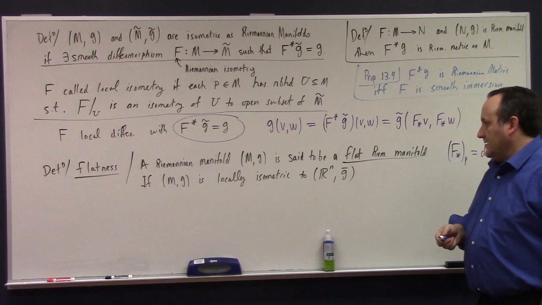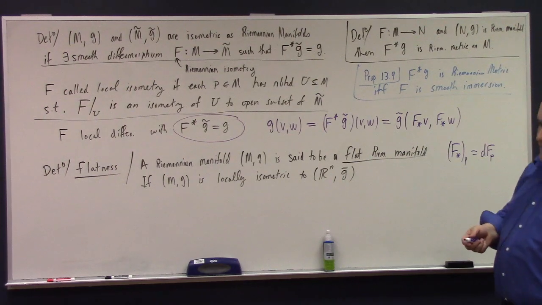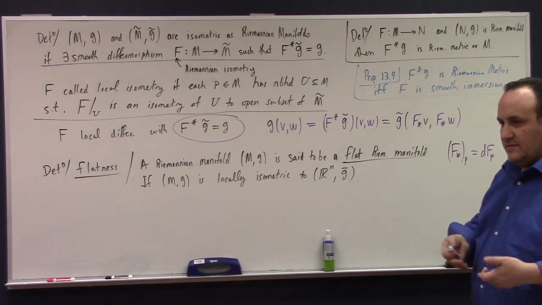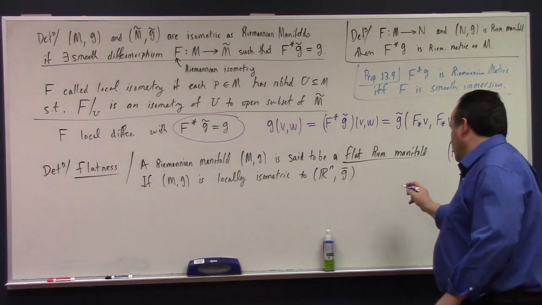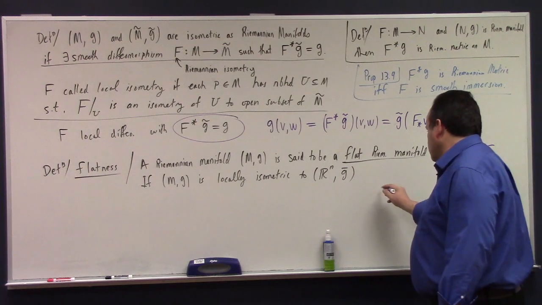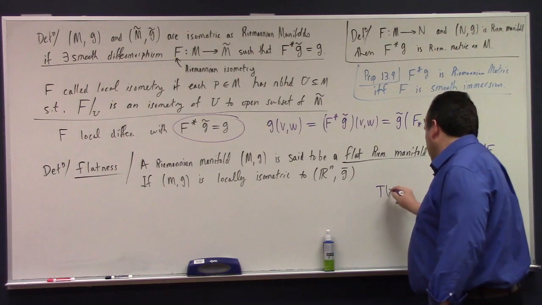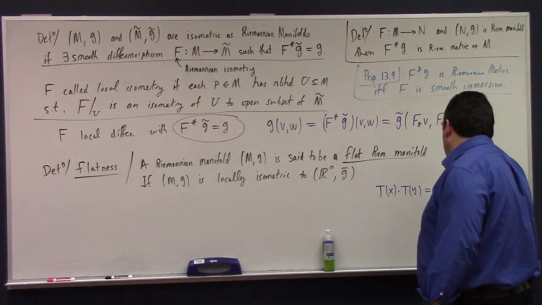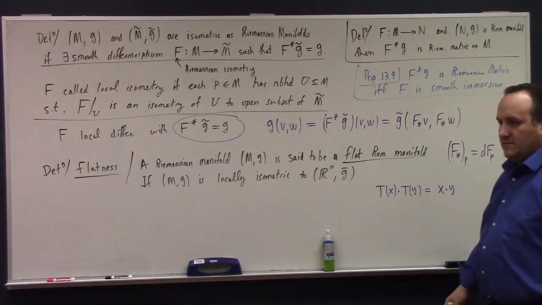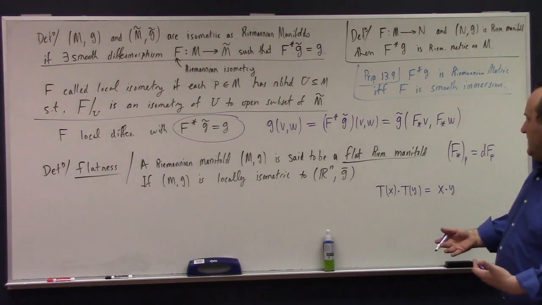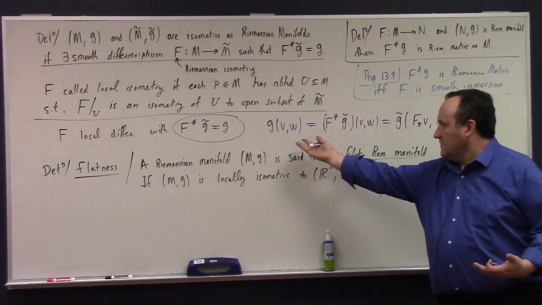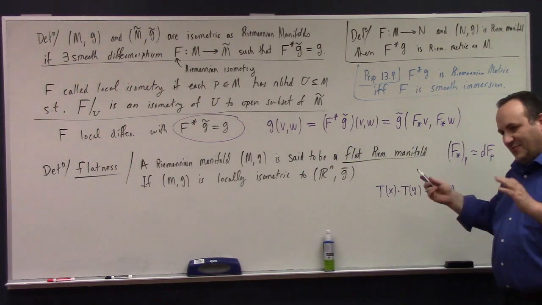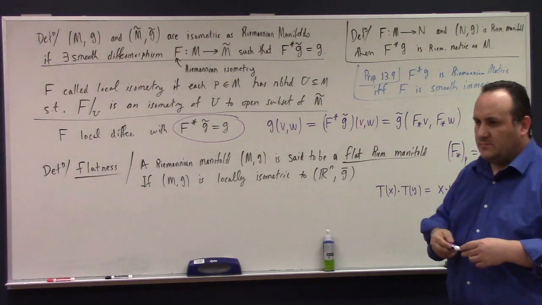It's analogous to an orthogonal transformation in linear algebra, the one where T of x dot T of y is what? x dot y, right? That makes T an orthogonal transformation. So this is the same kind of idea. But, well, anyway, it's not quite that. It's much more interesting, isn't it?